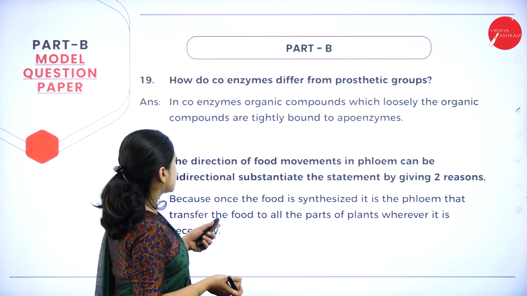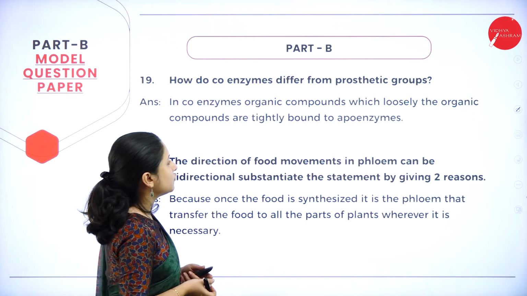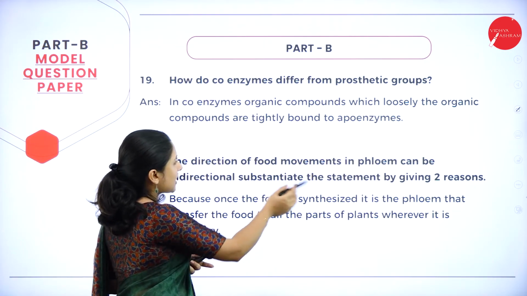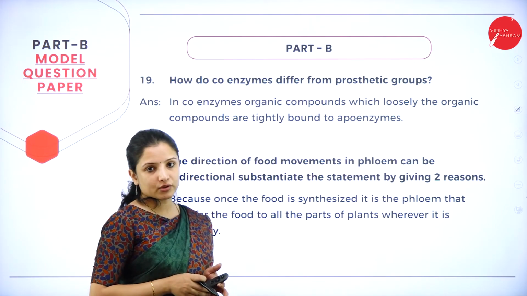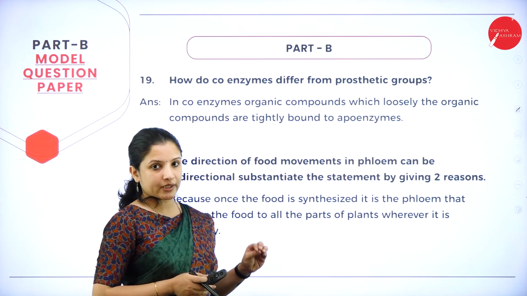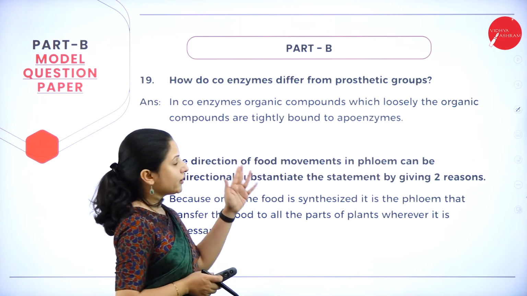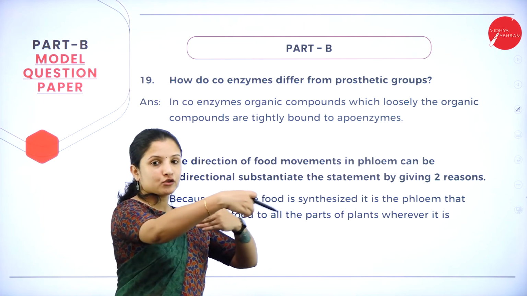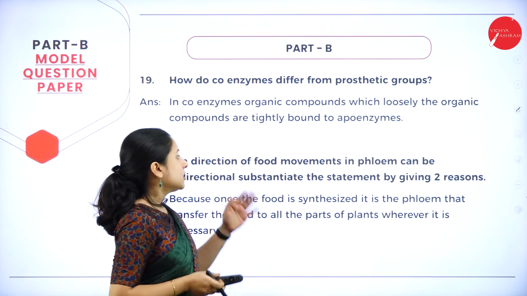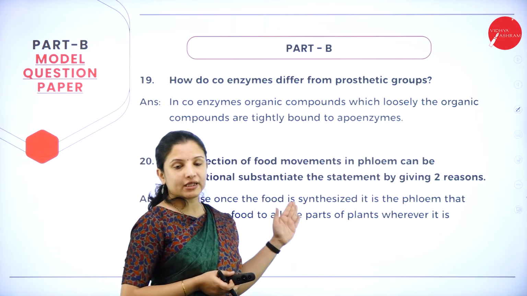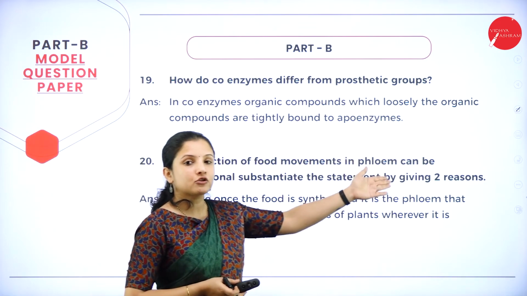So next, moving on to the next question. The direction of food movement in phloem can be bidirectional. Substantiate the statement by giving 2 reasons. What they have said here is a statement stating that the movement of food in phloem is bidirectional, that is, the food can move in 2 directions at a time. Now you need to justify the statement. You need to prove that the statement is correct by giving 2 reasons.